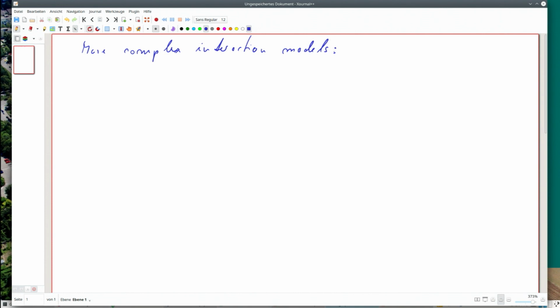So until now, we assume that the energy, the potential energy of a configuration is just given by the number of AA pairs and so on. So that's the very simplest model, and I use it quite a lot.